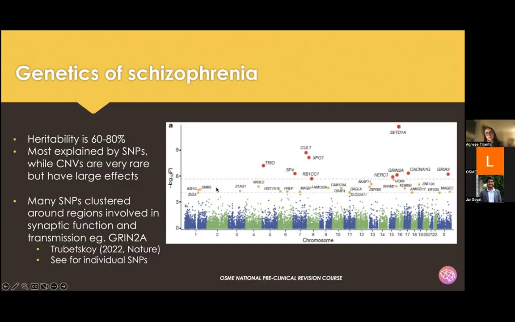So when you look at where the SNPs are, you see that they are distributed around regions involved in synaptic function. An example is GRIN2A, which, if I remember correctly, is involved with glutamate transmission. This paper was also recommended; I remember really enjoying it, and it's really good to quote as well. Let me just have a look at these mutations.